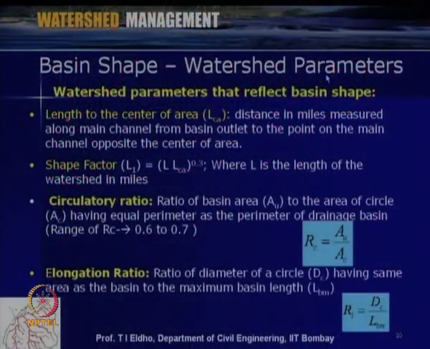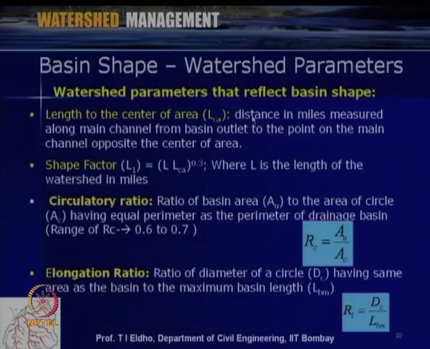Now, as far as the watershed shape is concerned, there are a number of important parameters which we have to consider: basin shape and related watershed parameters. The watershed parameters that reflect the basin shape include the length to the center of area.